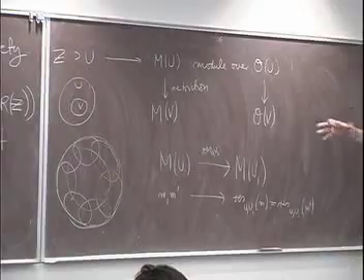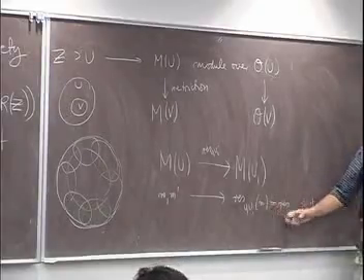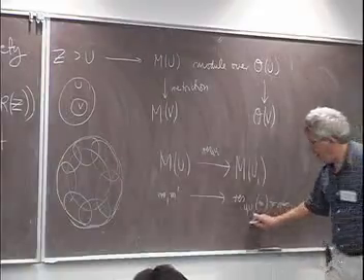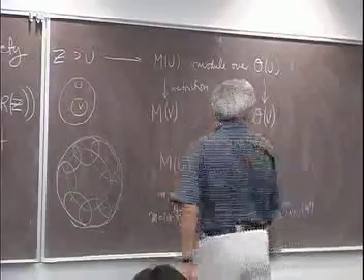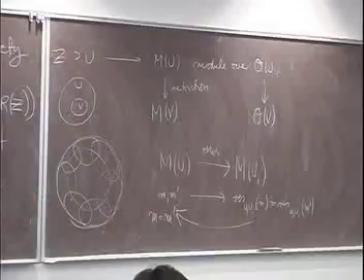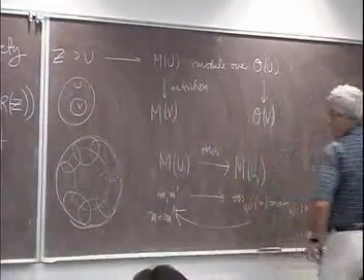So I have something living on U, which I restrict to the pieces in the cover, and in each restriction I have equality. I want this equality to imply that m is equal to m prime. So I can detect equality by looking at local information. This is one thing which enters the definition of a sheaf.